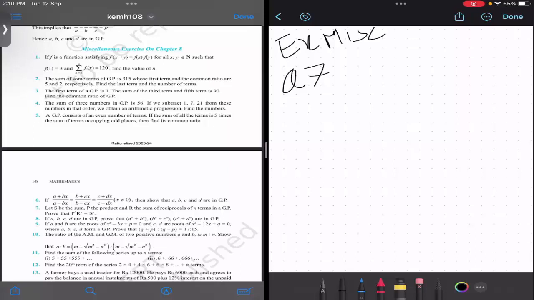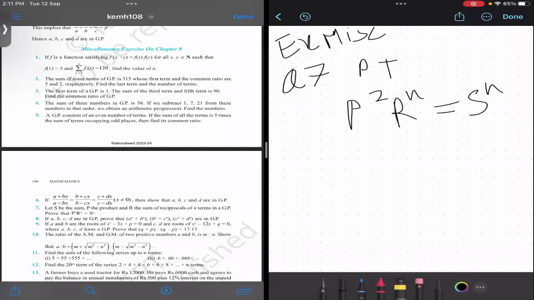In question number 7, we have been told that let S be the sum, P be the product, and R the sum of reciprocals of n terms in GP. We need to prove that P square R raised to power n equals S^n.